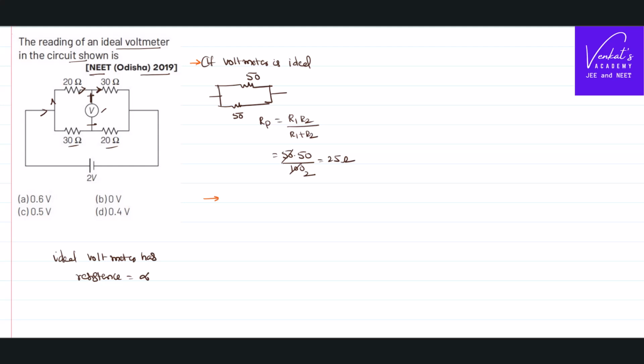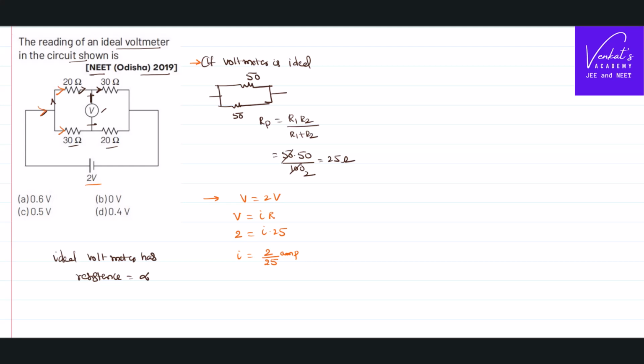It is also given that the voltage source is 2 volts. So I can use the formula V equals IR. So V is 2, R is 25. So the total current in the circuit is 2 by 25 amperes.